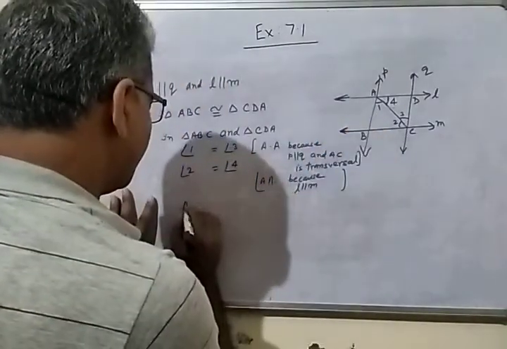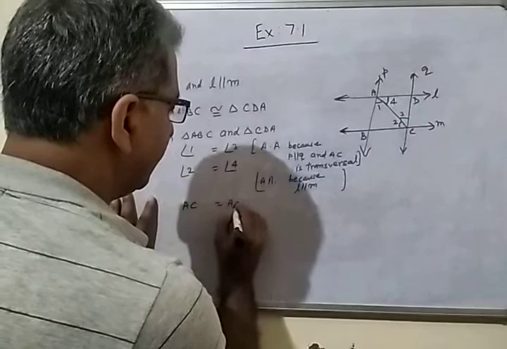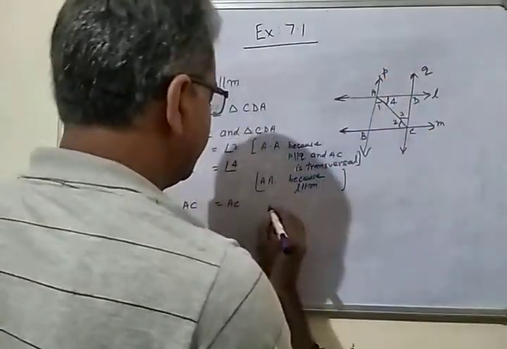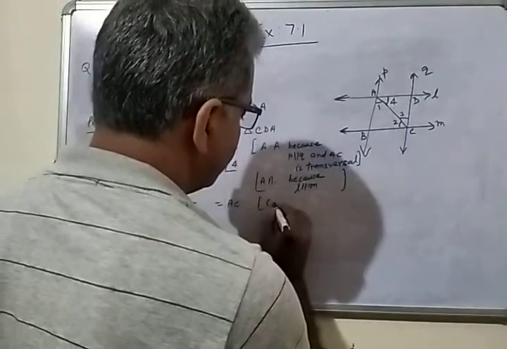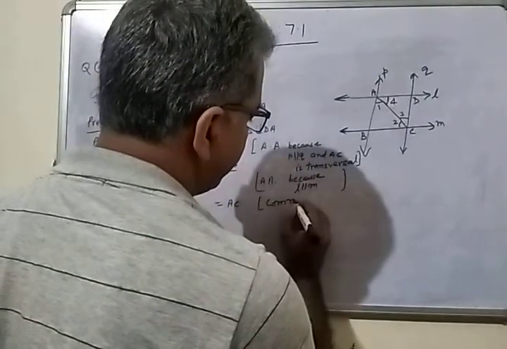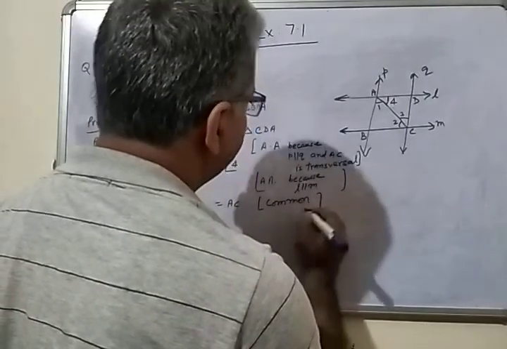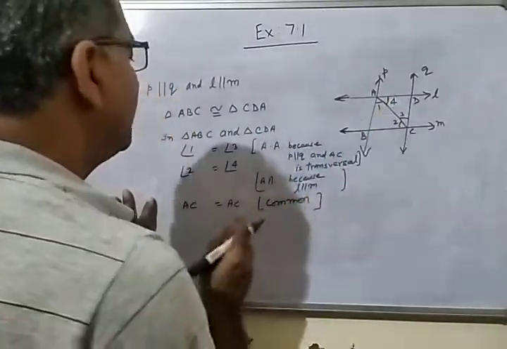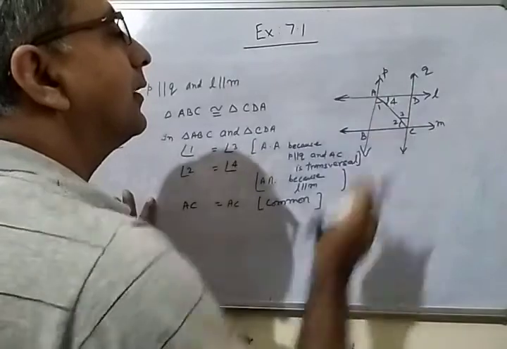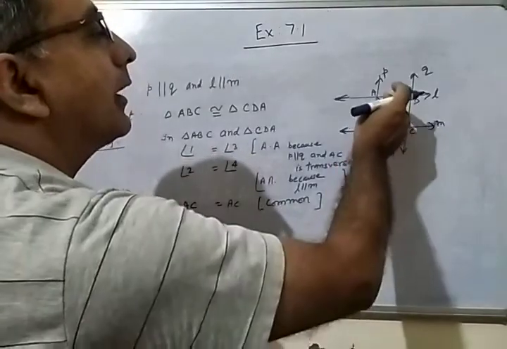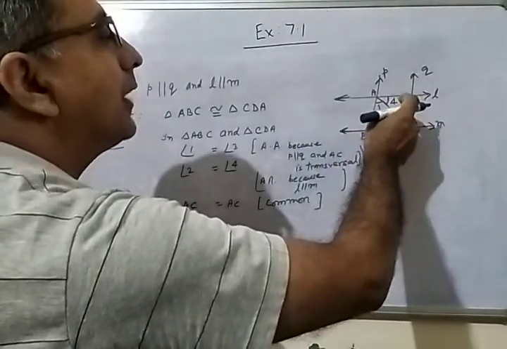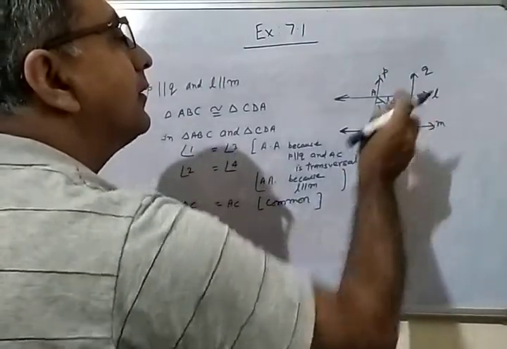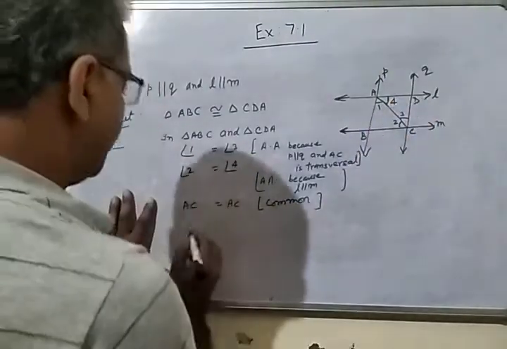And side AC equals side AC. Here AC is the common side in both triangles. So you see two angles and one side of one triangle are equal to two angles and one side of another triangle, then these triangles will be congruent.